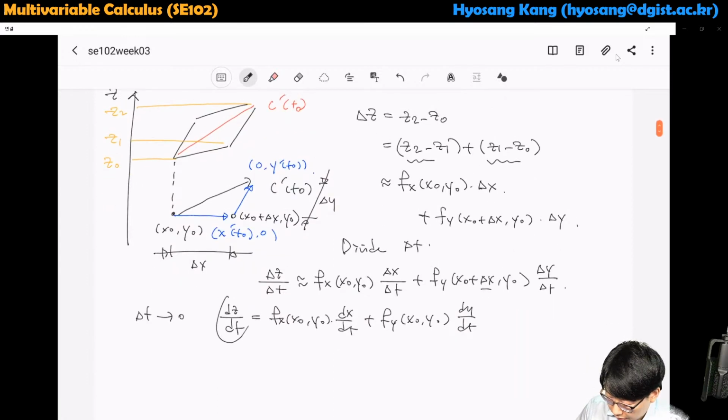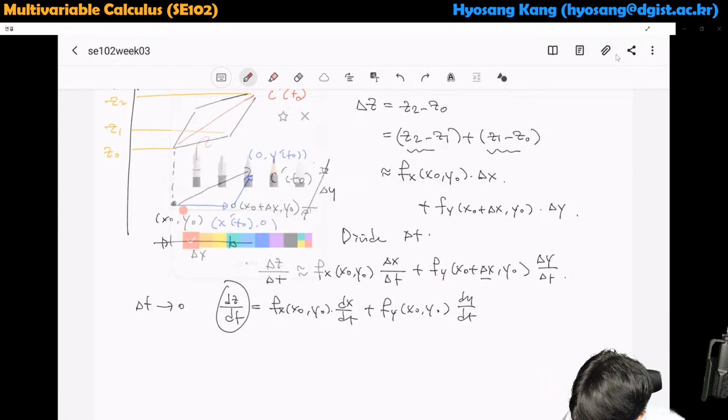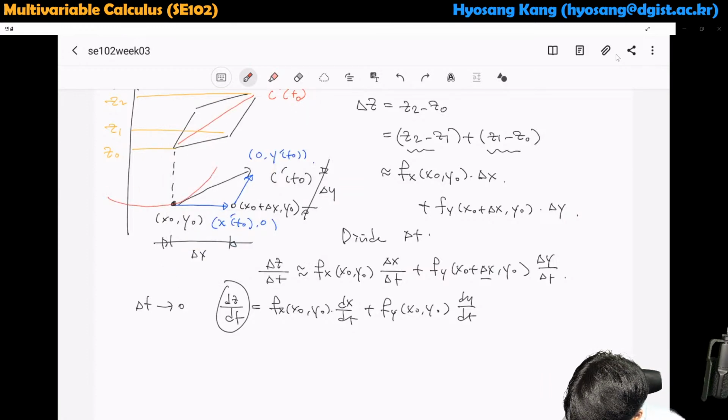So what is dz/dt? So we are sending point x0, y0 along the curve. So actually the curve was something like this curved line, but instantaneously we had a velocity c prime t0 here.